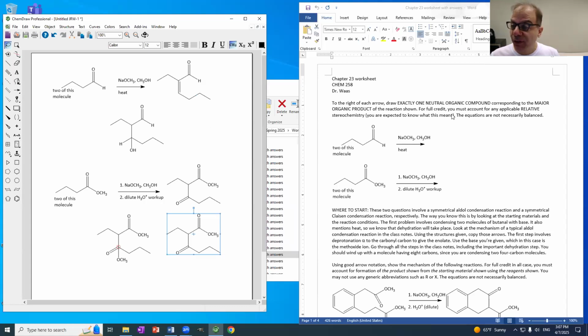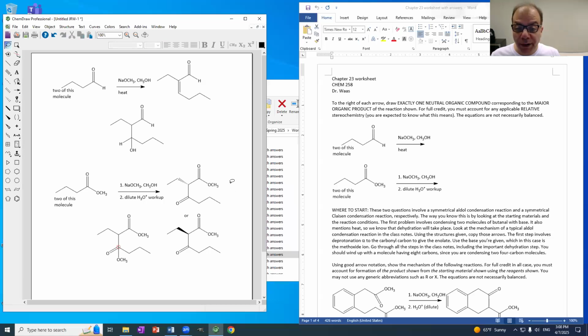Well, if there's any stereochemistry, we did just generate a chiral carbon. And I didn't show that initially. There's your chiral carbon. So for full credit, you will need to show one of the two enantiomers. So either this or this. That carbon is chiral, and so we need to account for that.